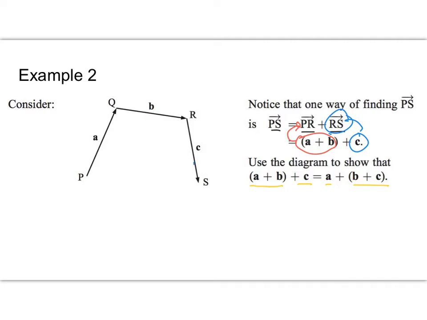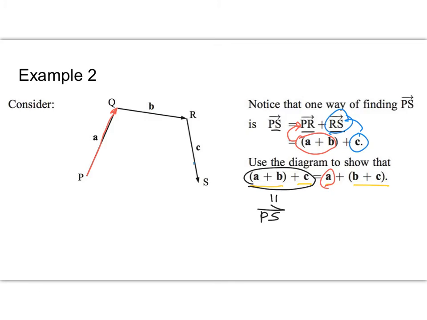So we've already shown that A plus B plus C equals vector P to S. So if I start over here, let's go with vector A. So we'll draw vector A with red. We're starting at P, there's vector A. I need to take a detour for a minute and figure out what B plus C is.